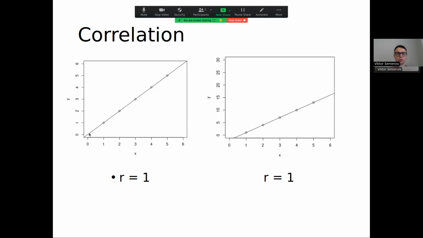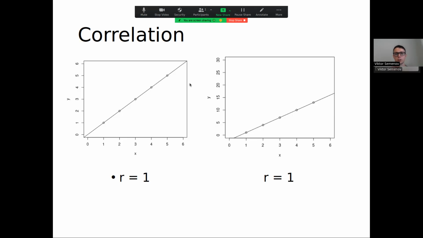You can see that a slope like this has a correlation coefficient of 1, and the slope of a line which is less steep, but which still resembles the first one in the position of all the dots on the straight line, will still have a correlation coefficient of 1.